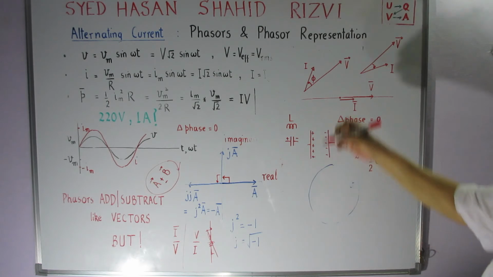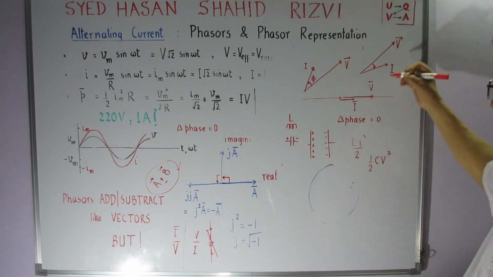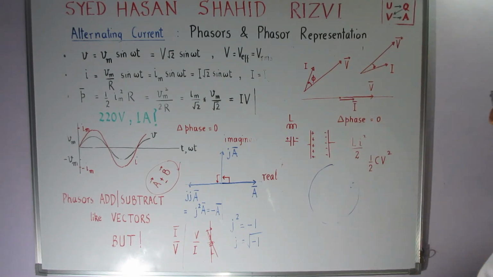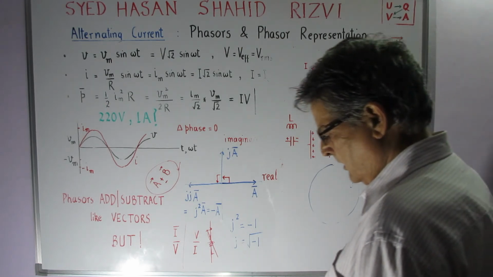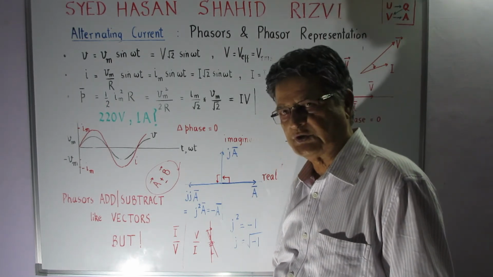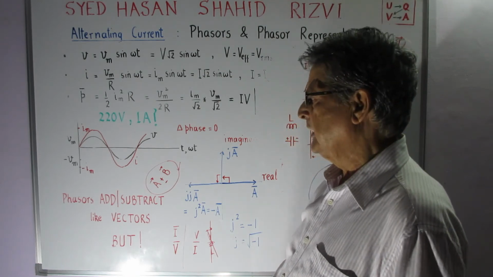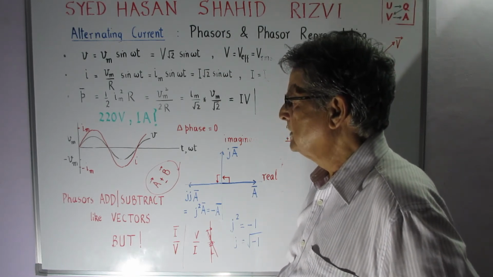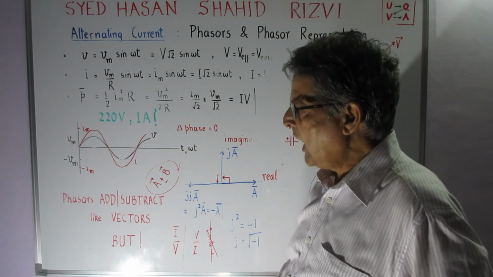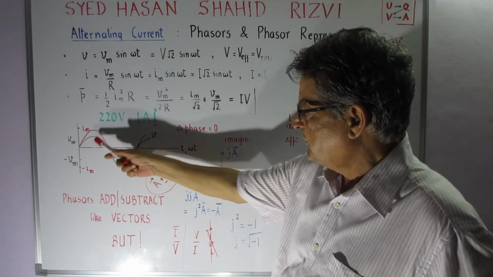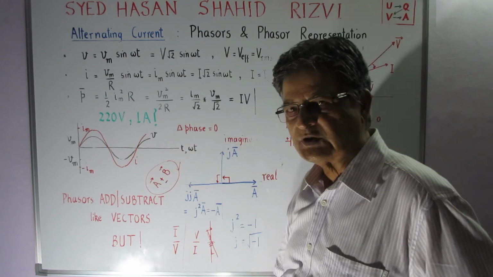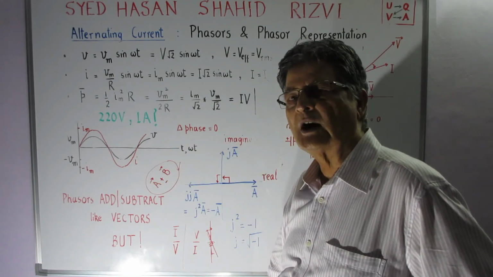Here there is a leading current, and here there is a lagging current. I told you in the case of waves, as also in the case of simple harmonic motion, how you can see curves and tell which curve is leading which other curve.